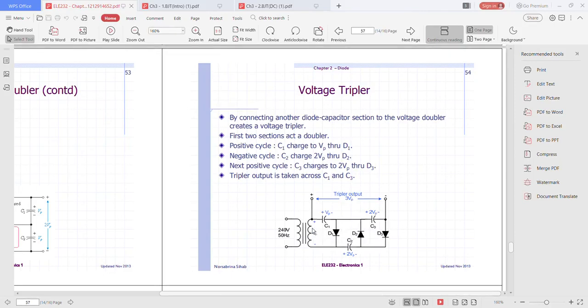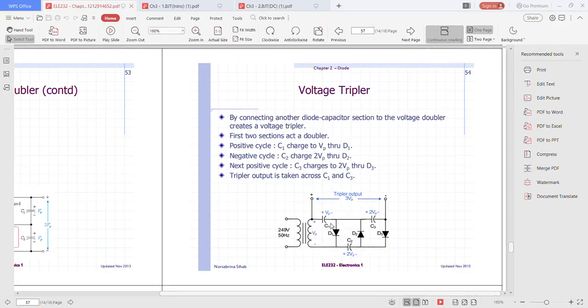Okay, so during positive cycle, what will happen is that the capacitor C1 will charge. D1 will be on, D3 will be on. If you substitute D1 and D3 for an ideal diode, this will be short and this will be short. Okay, short circuit. Alright, so during a positive cycle, C1 will charge to Vp through D1.